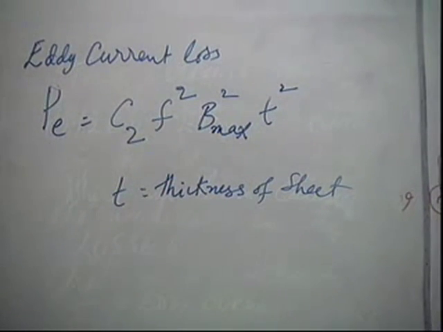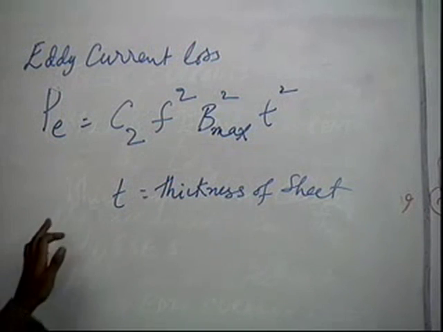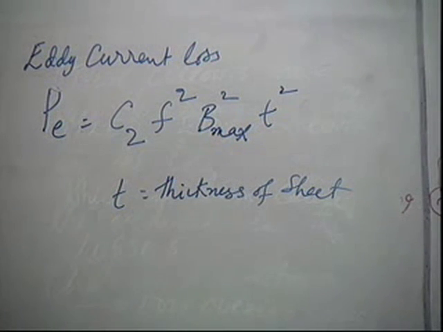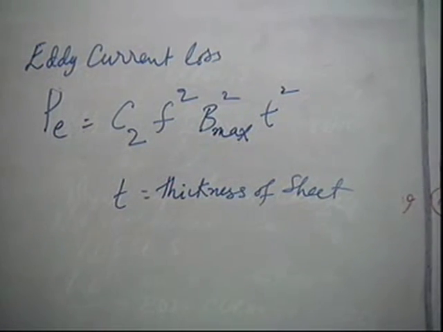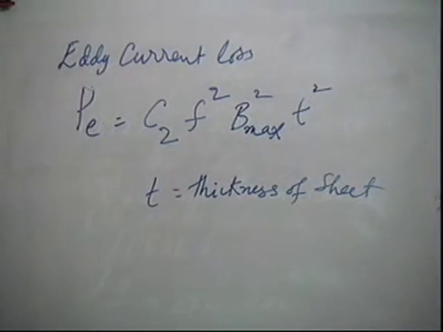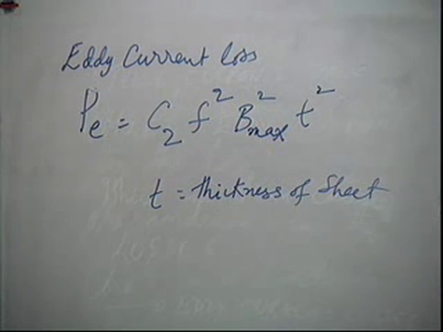You see another factor here. Both hysteresis and eddy current losses are prevalent in what part of the magnetic circuit? It is in the core part or iron part.